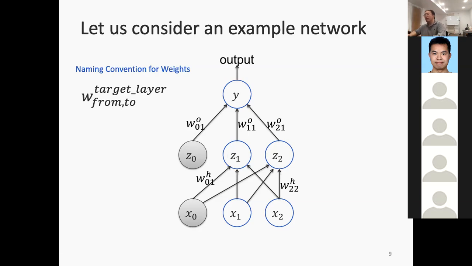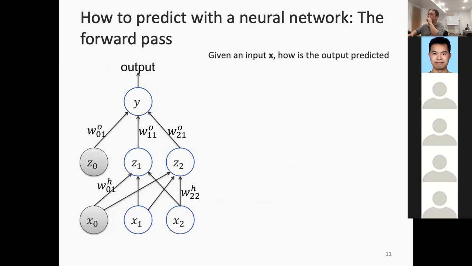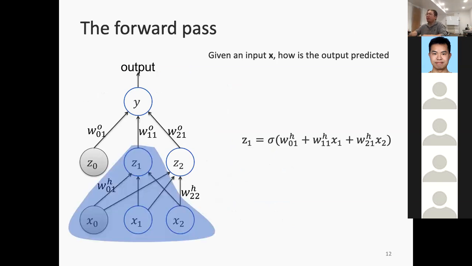Okay, so after making sure of the notations of those weights, let us talk about how we conduct the computation. Given an input x, and suppose we have our weight values, we want to know how to compute the output. The computation is from bottom to top.